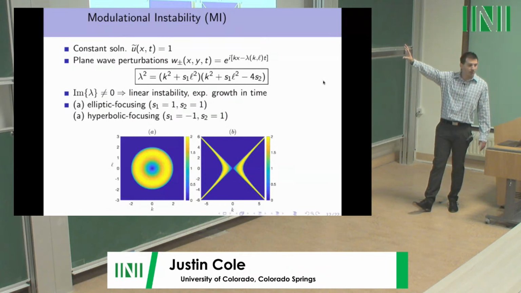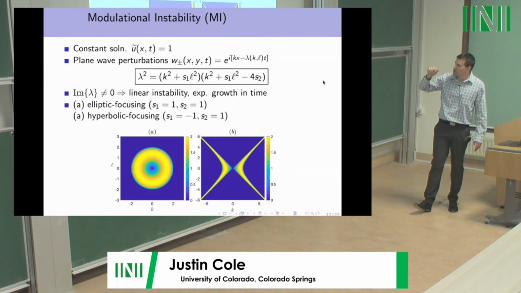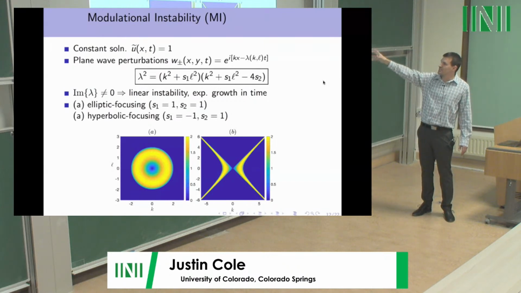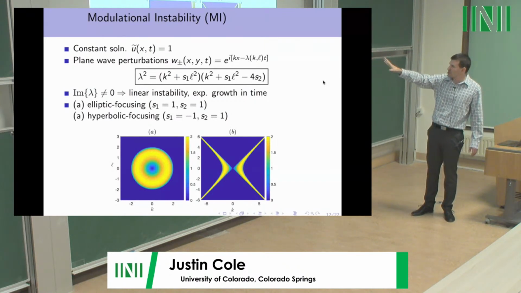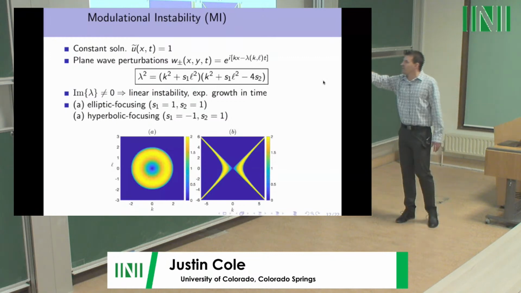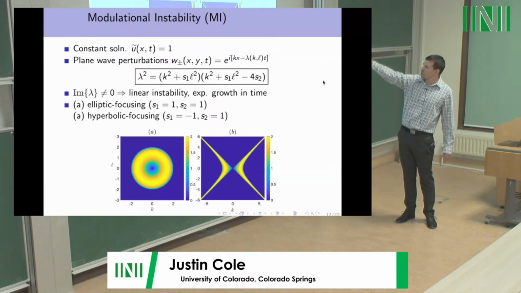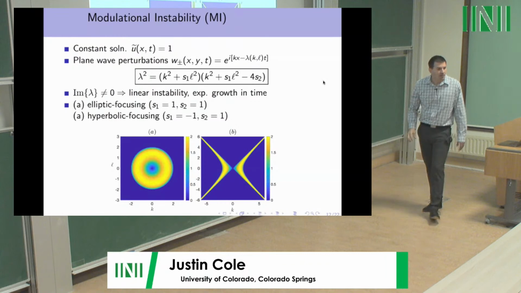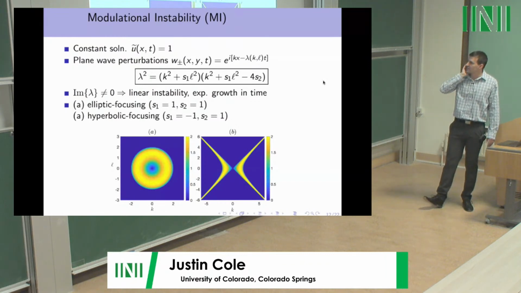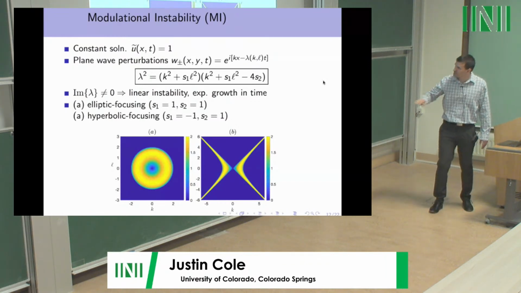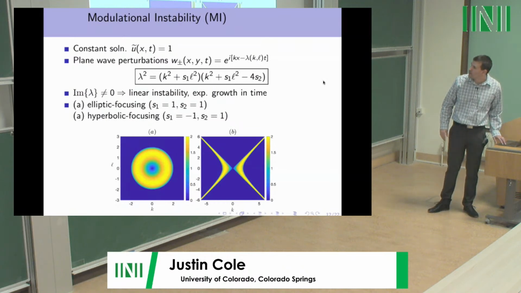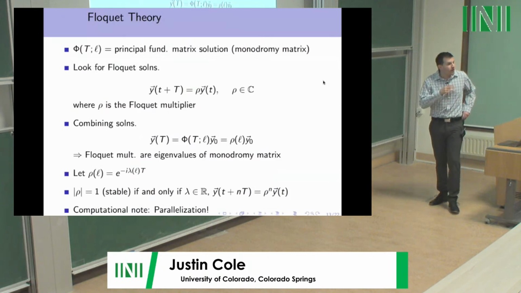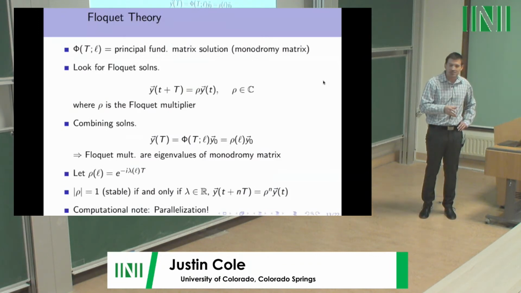This is bounded on the inside by 2 lines and on the left and the right by hyperbolas. Notably, there is a strong directionality here. Namely, if you look at the K equals 0 line, the vertical line right in the middle, there is no instability predicted through the linear stability analysis. So that was the stability profile for the constant solution.